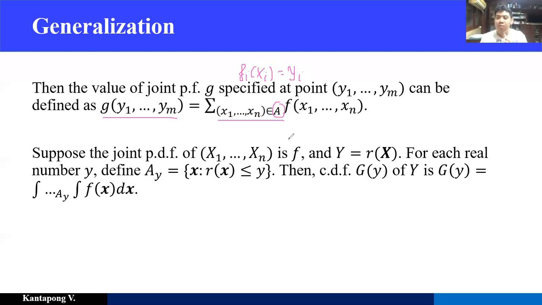That is the same as the one variable case, nothing interesting. And we can define this one, and this one is the same. We just change from sigma into the integration with respect to the area A of y.